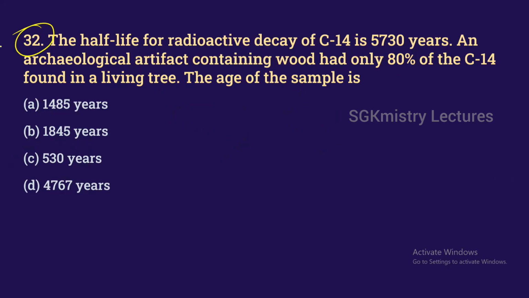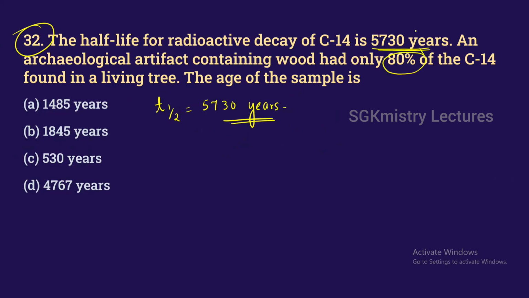Next, question number 32. The half-life for radioactive decay of C-14 is 5730 years. So t half is 5730 years. An archaeological artifact containing wood had only 80% of the C-14 found in a living tree.